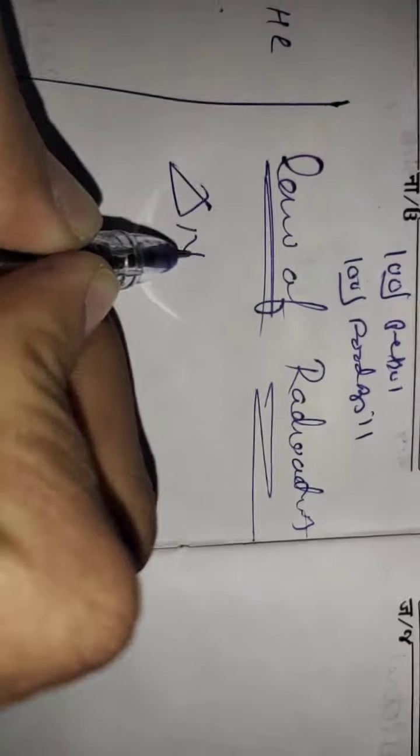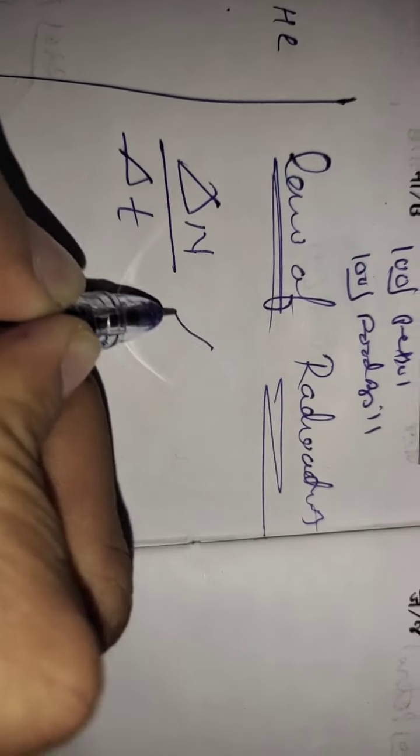In any radioactive sample which undergoes alpha, beta and gamma decay, it is found that the number of nuclei undergoing decay per unit time is proportional to the number of nuclei in the sample. Delta N by delta t is directly proportional to N.